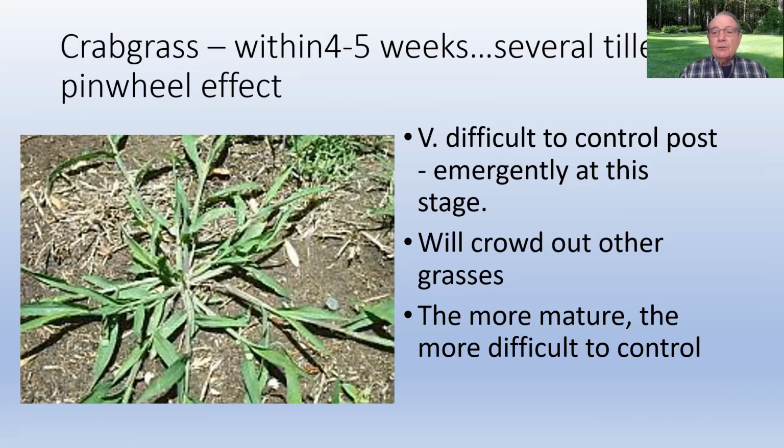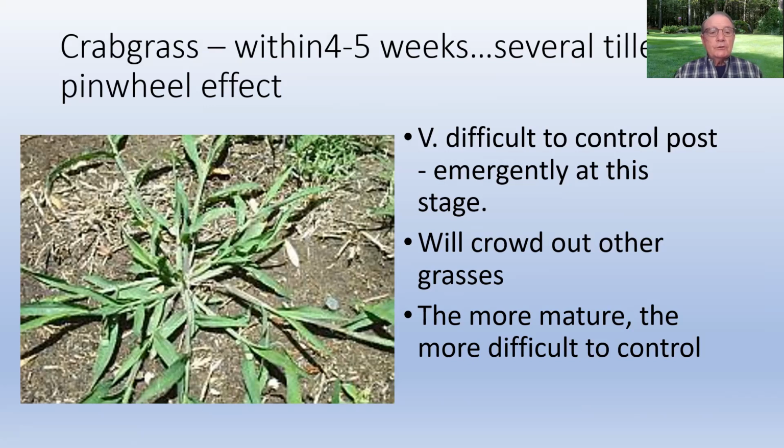And as many of you have seen, crabgrass is going to crowd out other grasses because crabgrass grows very aggressively under warmer conditions in July and August. In July and August, our permanent grasses, our bluegrasses and fescues, tend to go into a state of dormancy.